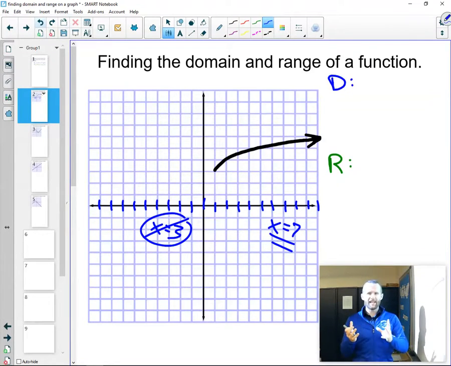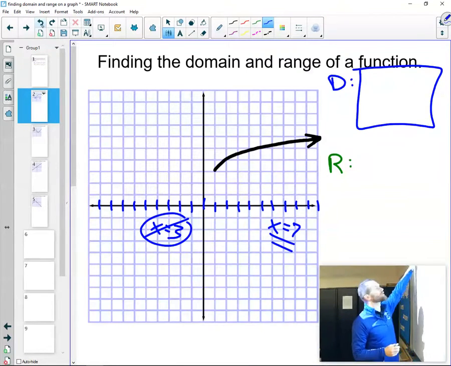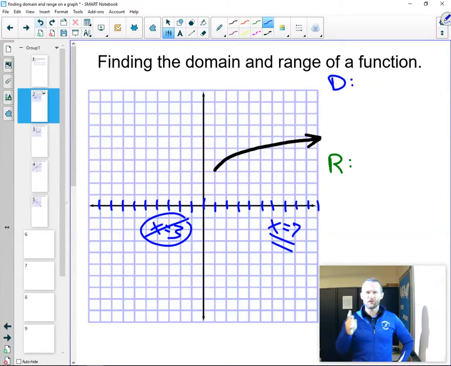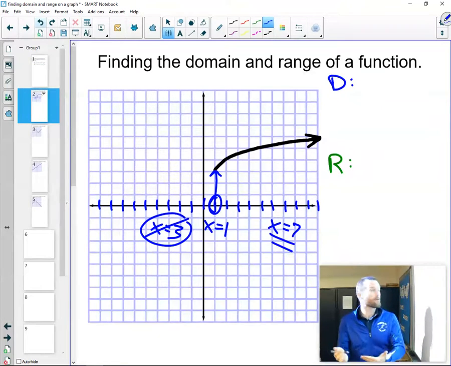So now that we have a handle on what it means for a domain value to work on a graph and not work for the graph of a function, it's time to actually describe all the values that are in this domain. To do that, we need to find the first domain value that works, or when it starts working, I should say. And that's right here. This value of x equals 1 is our first domain value because that's the first x value that actually hits the function.